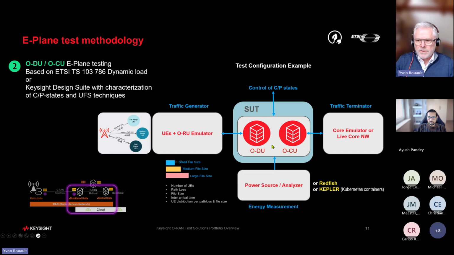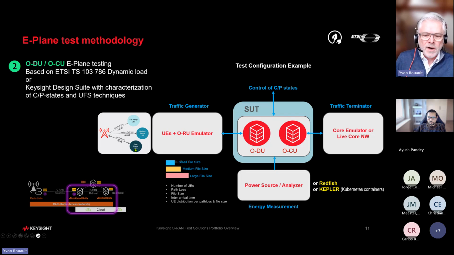The idea here is to simulate end-to-end realistic traffic, and by realistic I mean multiple UEs, could be many UEs, emulating traffic, could be small, medium, or large traffic, each of them belonging to different groups which are more or less far away from the antenna.